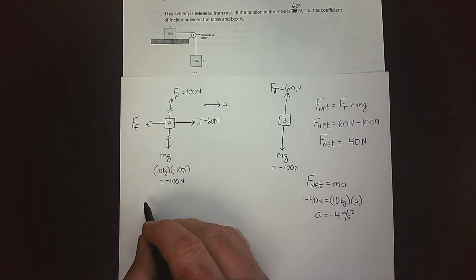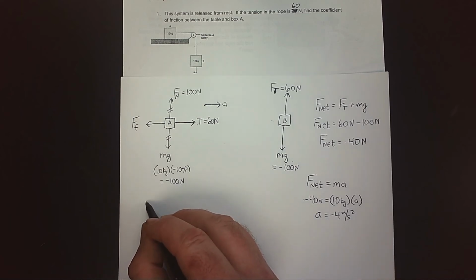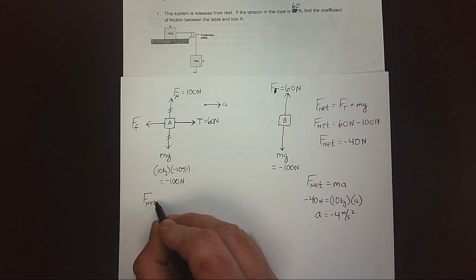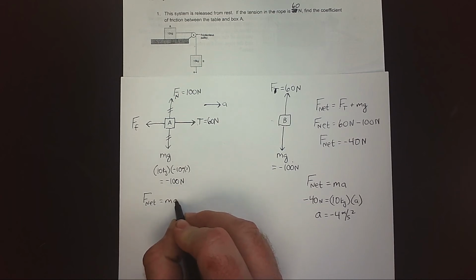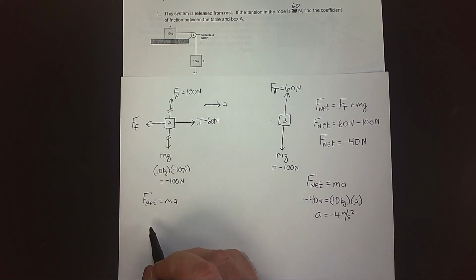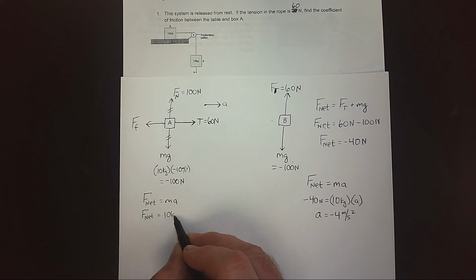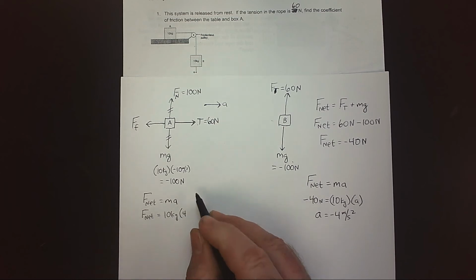And so once I know that, I can go ahead and use Newton's second law for the first box. So I can use net force equals mass times acceleration for the first box. And since the box has the same mass as the box B, we already know what the net force is going to be.